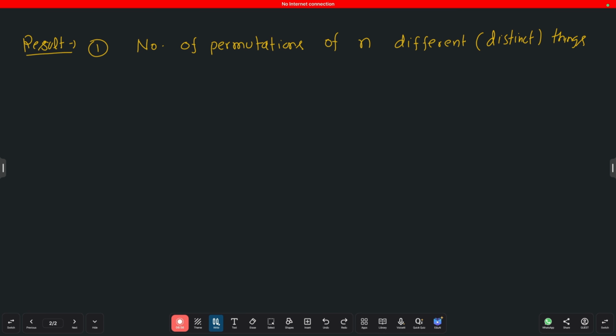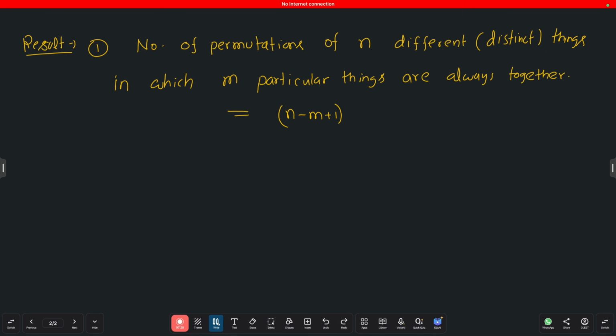This will work only if all the letters are distinct, in which m particular things are always together, equals n minus m plus 1 factorial into m factorial, correct?